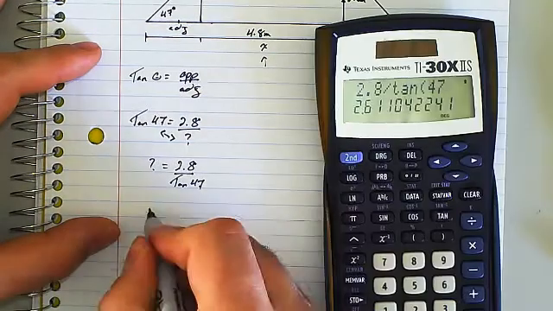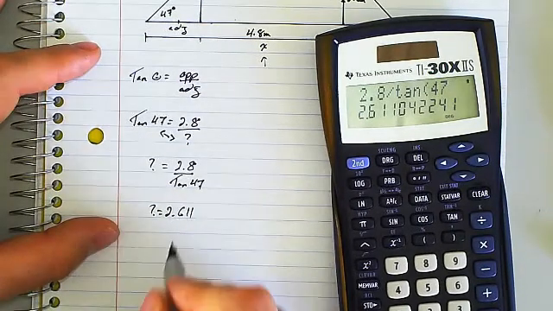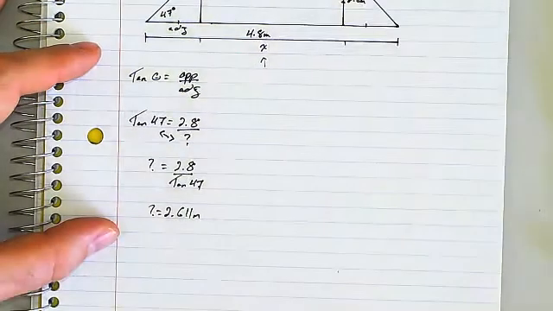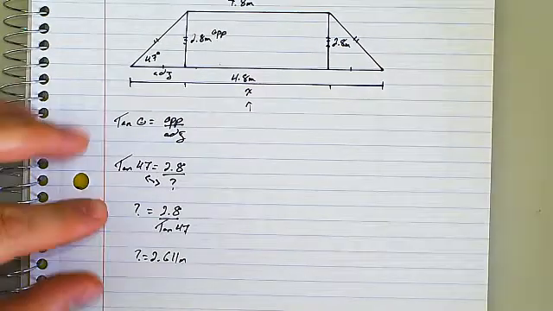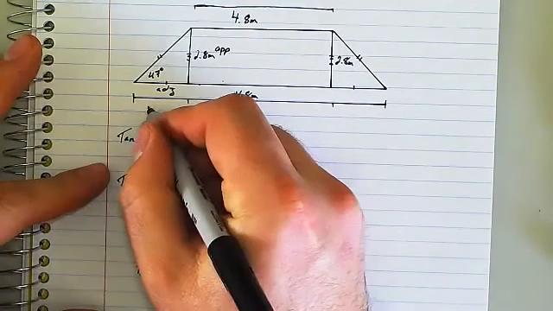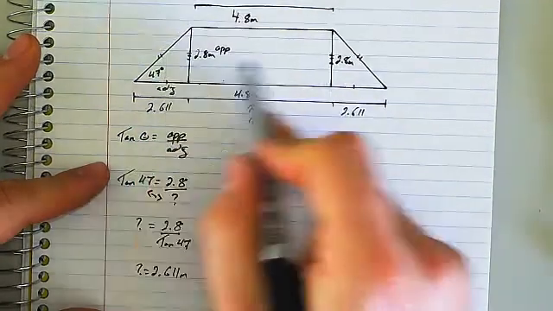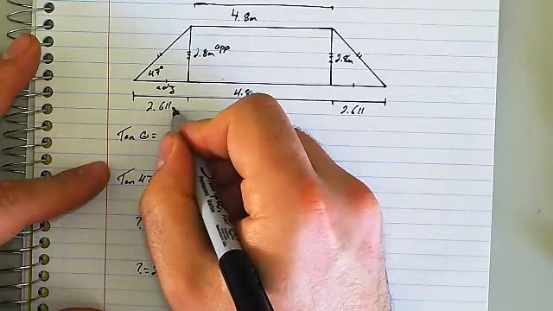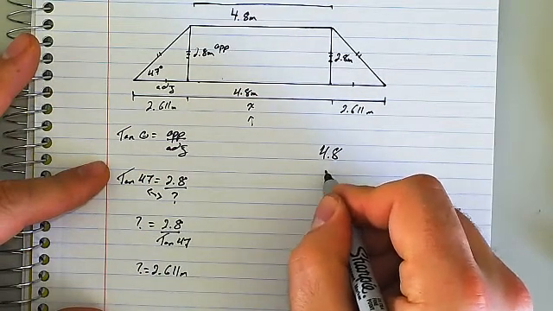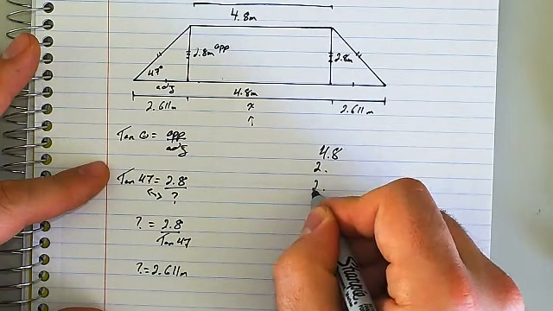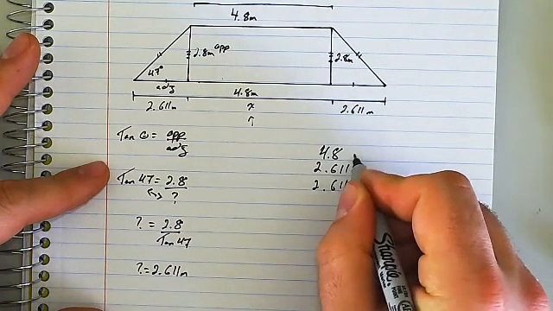That should give us a length of 2.611 meters. Okay, so if this is 2.611 and this is also 2.611, because these two triangles are the exact same, really I just have to add all of these together.